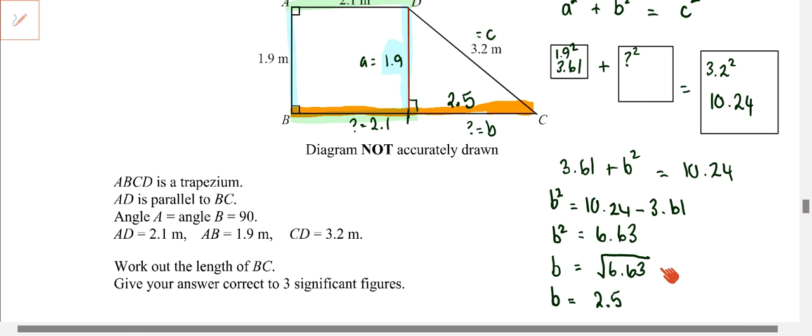Wait, so basically just C squared minus A squared in this case. Okay, the same thing we've done repeatedly in the last couple of lessons.